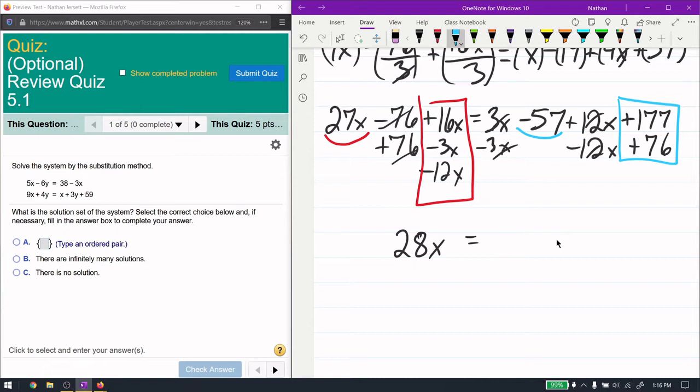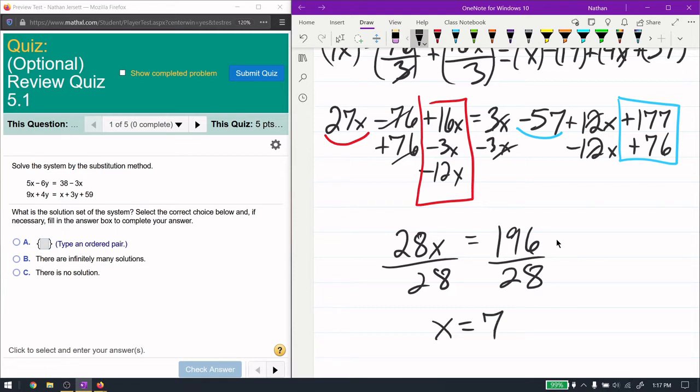I don't know, I'm just going to use a calculator to make sure I'm not doing some kind of weird work. Plus 177 plus 76 gives me 196. Now we can divide by 28. 196 over 28 is 7. Very nice. So we know x equals 7.